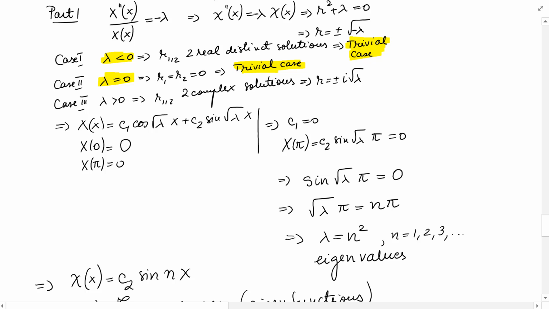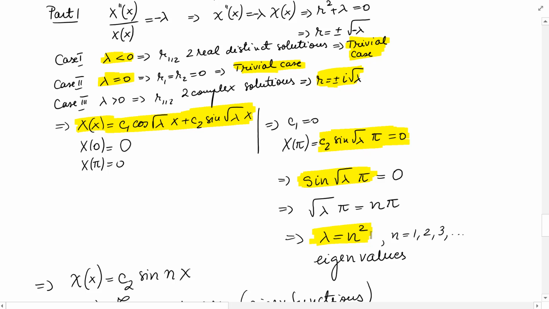Anyway, the case lambda greater than 0 gives us two complex solutions, which we write like this, which helps us figure out that X of x is c1 cosine of square root of lambda x plus c2 sine of square root of lambda x. And from this equation here, c2 equals 0 will give us the trivial case, but sine of square root of lambda pi equals 0 means lambda equals n squared, for n equals 1, 2, 3, and so on.